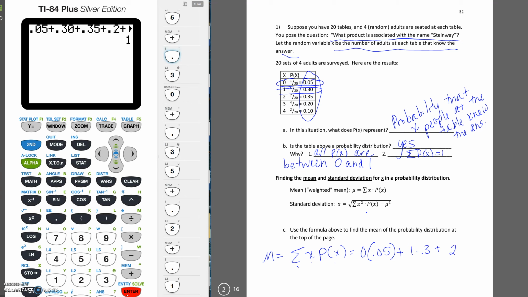Then we'll add 2 times 0.35 plus 3 times 0.2 plus 4 times 0.1. We can do this in the calculator.